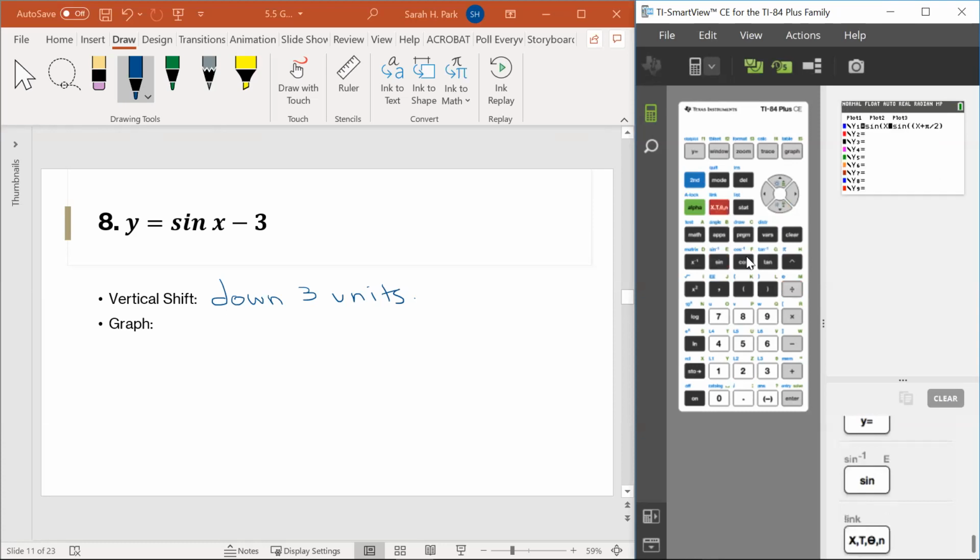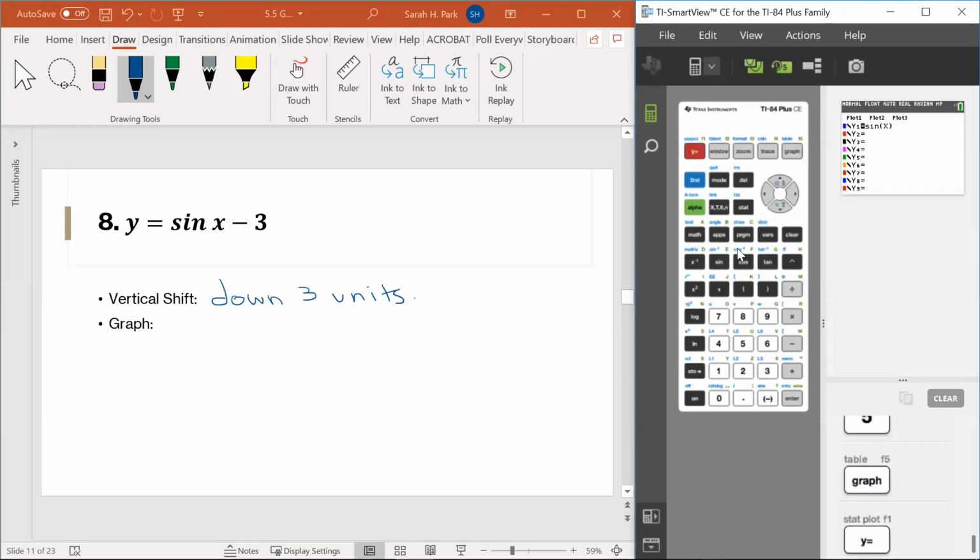Here's the basic sine of x function. So if we were to graph it, that's what it looks like. Let's make the window bigger, from -5 to 5. Okay, so there's our basic sine function.